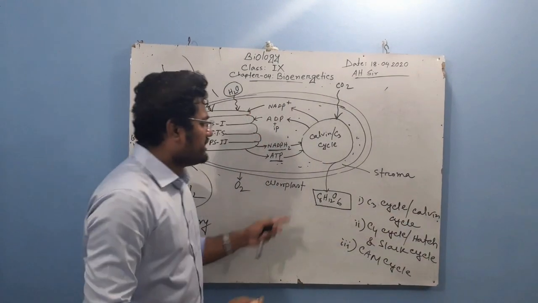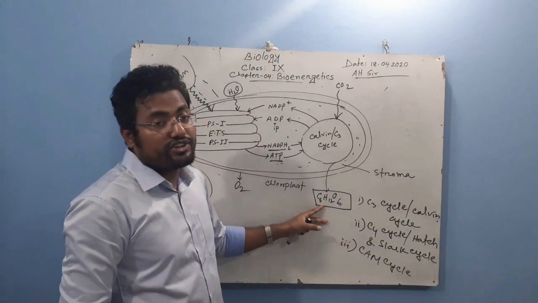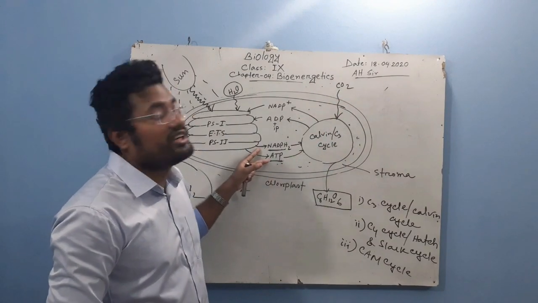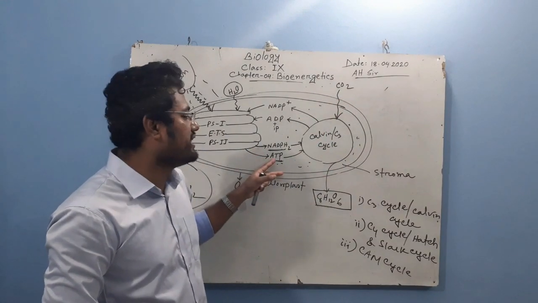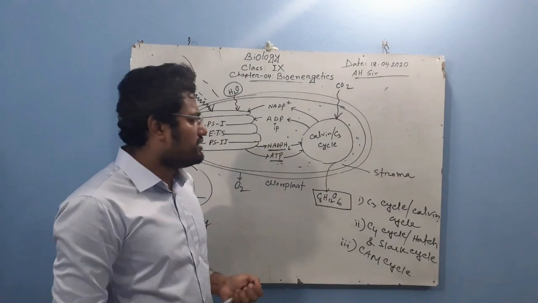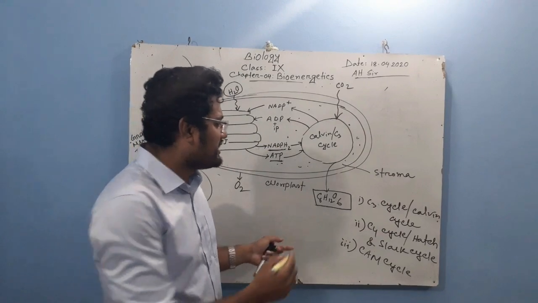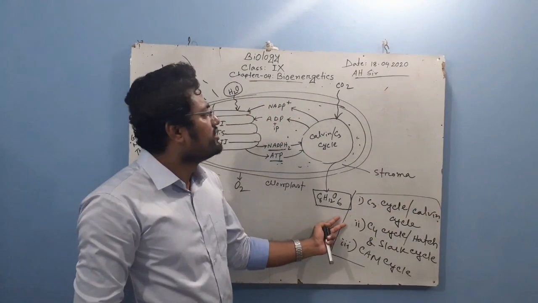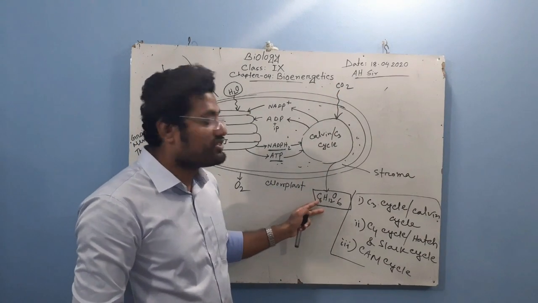I say again, in the dark phase carbohydrate is produced by the reduction of carbon dioxide in the presence of assimilatory power like NADPH2 and ATP. Plants reduce carbon dioxide in 3 ways to produce carbohydrate.